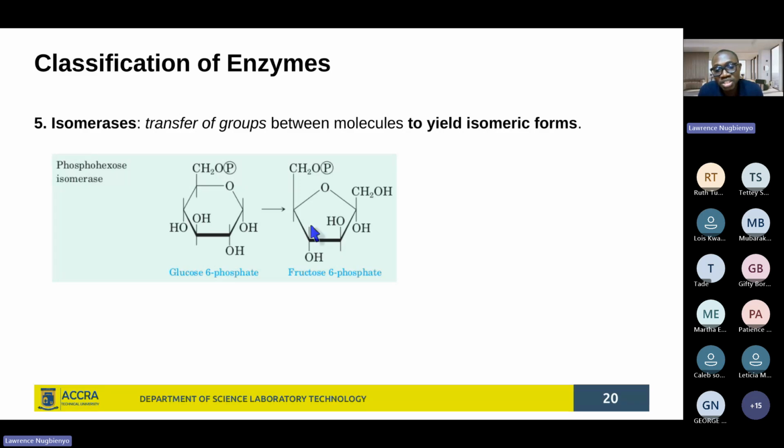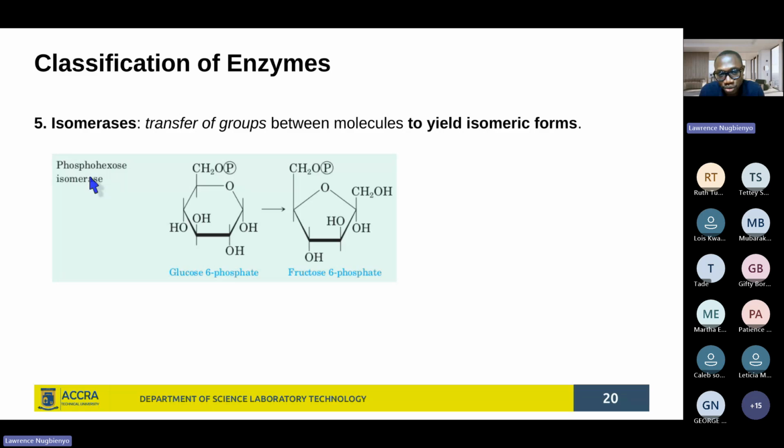They have different structures, but their chemical formulas are the same. This reaction too, you see it in the glycolytic pathway. The enzyme involved there is phosphohexose isomerase. The name even tells you that it is involved in an isomerization reaction, and it is acting on a phosphohexose. What's a phosphohexose? A 6-carbon sugar with a phosphate group in it.